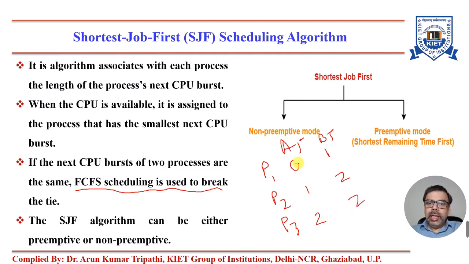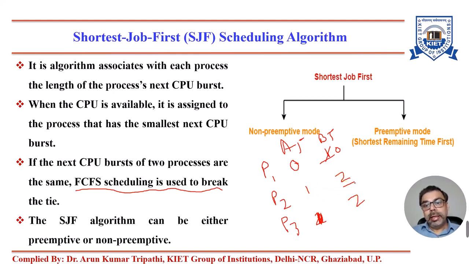At time 0, there is only one process, that is P1. So P1 will execute, and after completion, the time is 1. Suppose both processes have come by time 1, and the burst time is 2 seconds.